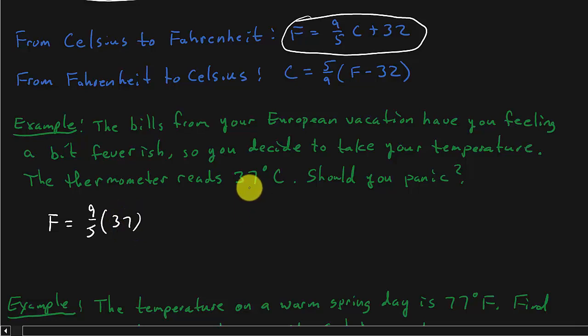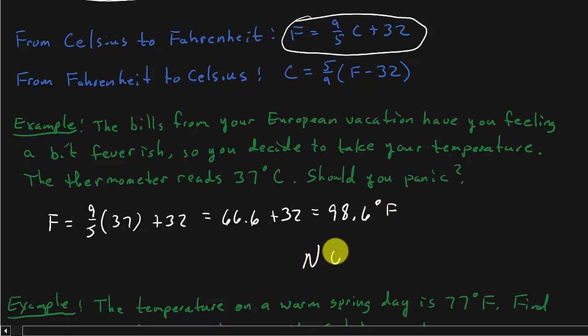See, plug the 37 in for C, plus 32, and that is going to be 66.6 plus 32, which equals 98.6 degrees Fahrenheit. Okay, that's degrees Fahrenheit right there. And so we know that's a normal temperature, so should you panic, the answer would be no.